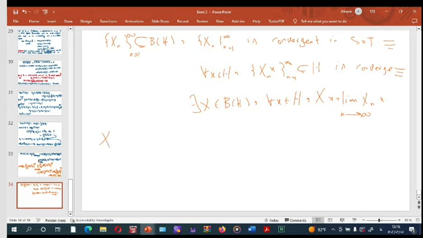So xn tends to X in SOT, the strong operator topology, means that for any x in H, xn of x tends to X of x in H, okay?